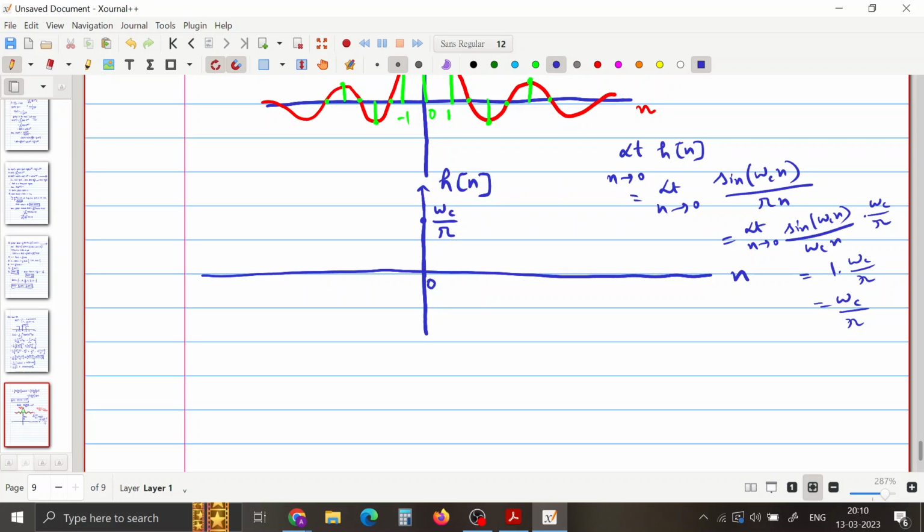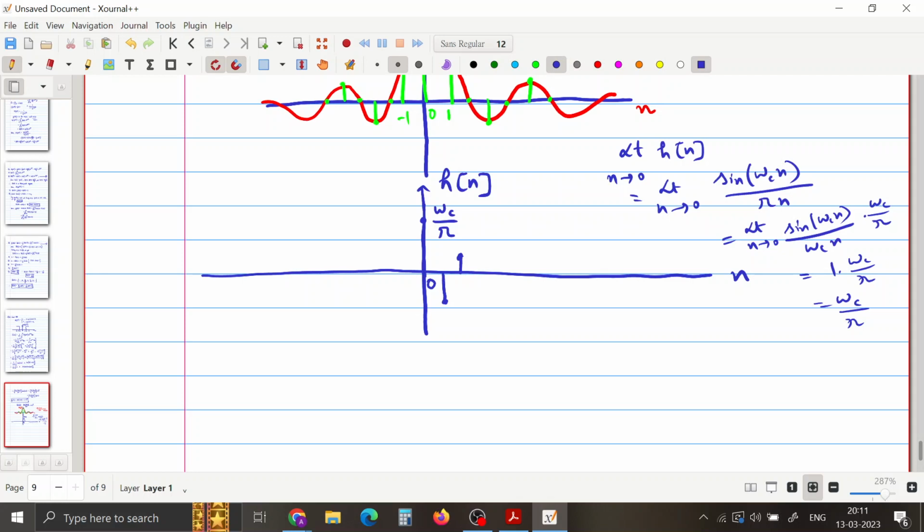Now for the sinc function we expect something like this, and then it comes to 0 eventually, and it goes like this and this and this. It decays gradually. But due to this minus 1 to the power n, we will have alternating signs. For n equals 1, the amplitude will be negative. Then for the next term, we will have again a positive sign.